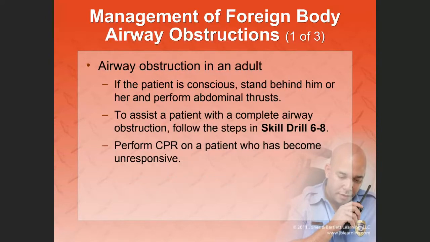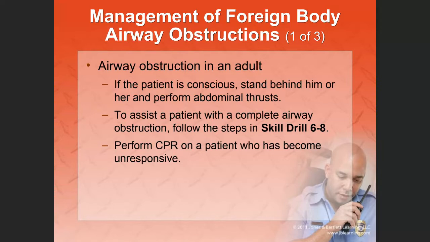Now, if the patient is conscious, stand behind him or her and perform abdominal thrusts. And this is just a review of the BLS guidelines. To assess a patient with a complete airway obstruction, there are steps that you would follow based on your guidelines.